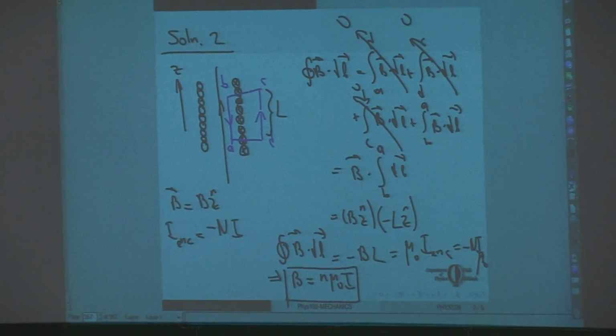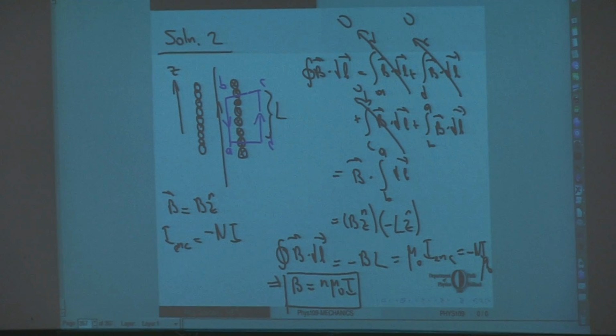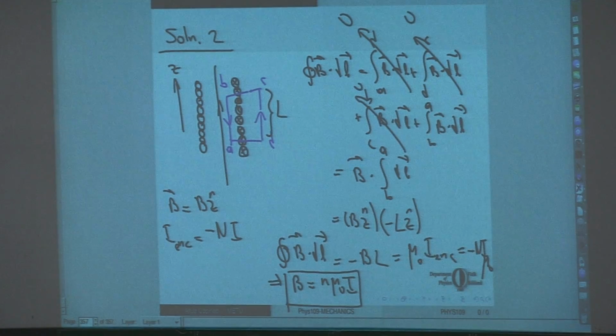It shouldn't, because the choice of the loop is just a mathematical choice. It's not changing the physics. Whichever loop, whichever orientation you choose, the final magnetic field should have the same value.